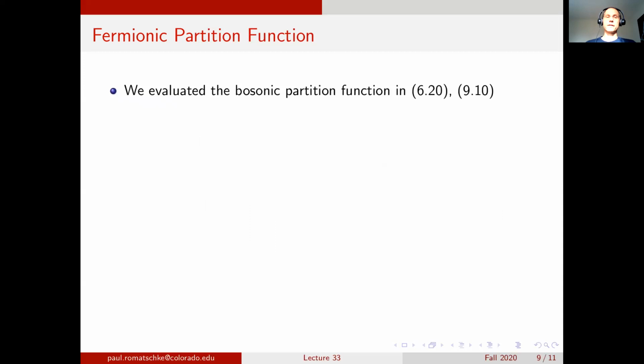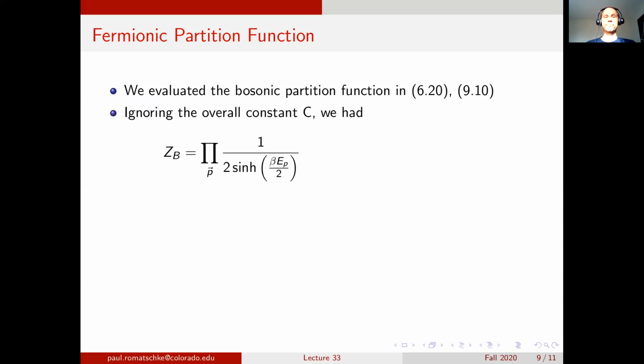Now back in lectures 6 and 9, we actually evaluated the bosonic partition function. If we ignore the overall constant c, we found that the bosonic partition function was given as a product over momenta p times the result for the harmonic oscillator evaluated at E_p.